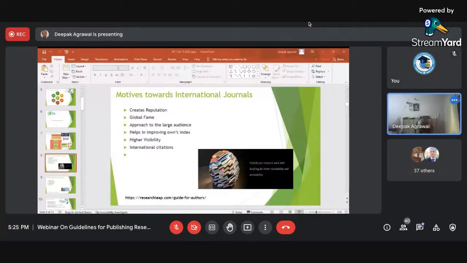Multidisciplinary journals publish papers from various domains and areas, such as humanities, management, science and all of it. But definitely the weightage of a multidisciplinary journal is far less compared to your specific journal.